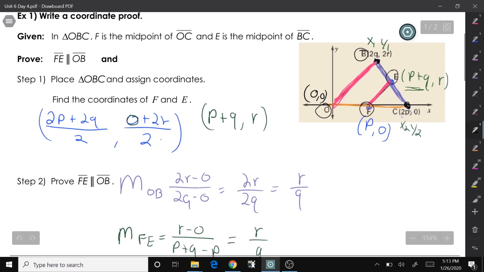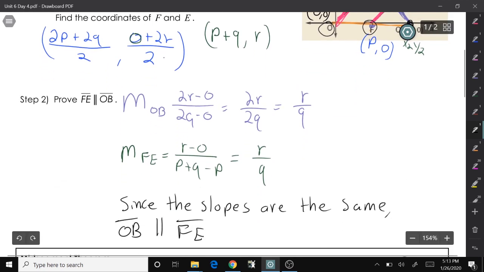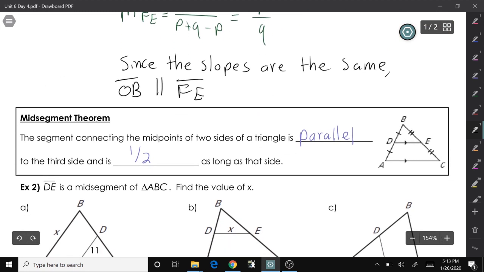Since they were the same, that means the lines are parallel. Now, that kind of proves the midsegment theorem for triangles. It says a segment connecting the midpoints of two sides of a triangle is parallel to the third side and is one half as long as that side.